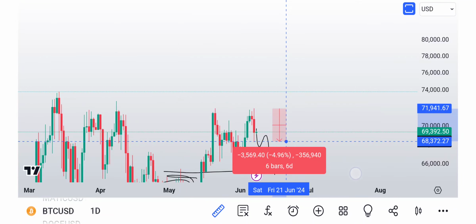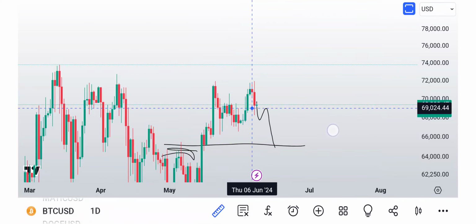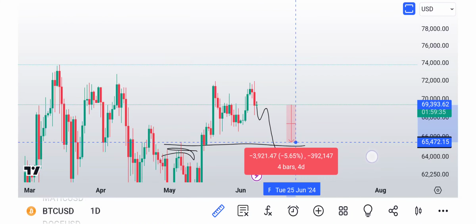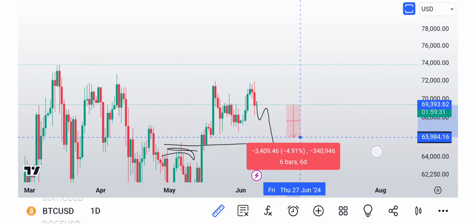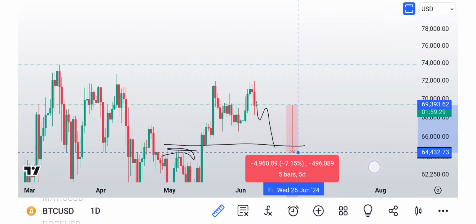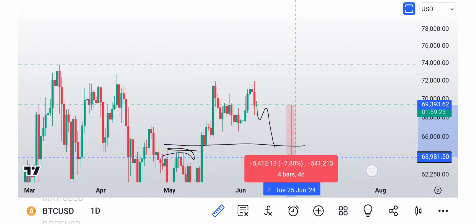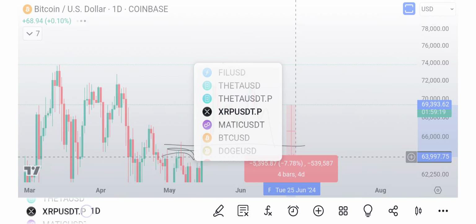About $3,500. So it moved $3,500, and it still has potentially another between $3,500 and $5,000 more to the downside.